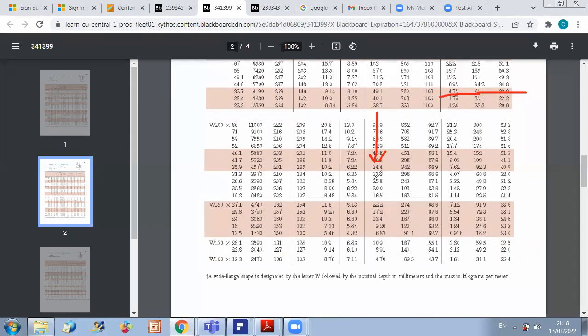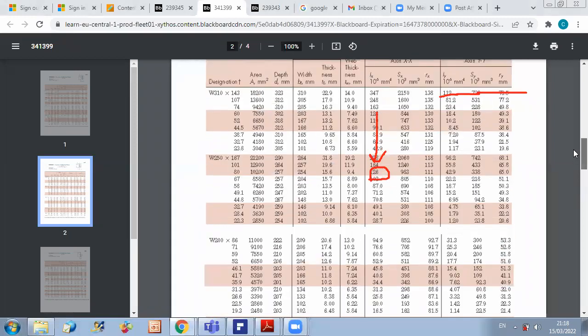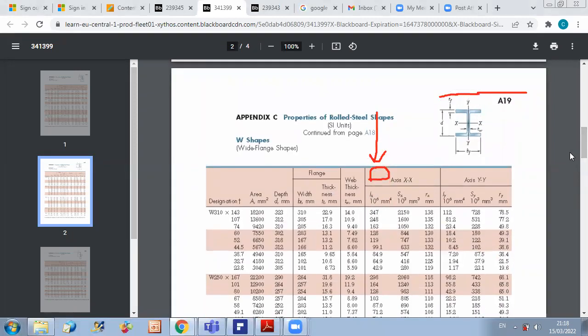This is the value I want, which is equal to 31.3. And for the unit, they will tell you which unit is used here. I'm using the unit of 10 to the power 6 millimeter 4. So I know then that the inertia of this beam in this problem is 31.3 times 10 to the power 6 millimeter 4.